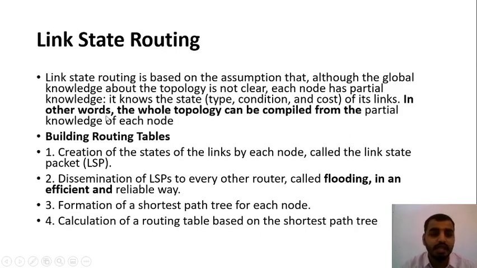What it says: creation of the link state of the links by each node, called the link state packet. Now what is the second point? Disseminate the LSPs, the link state packets, to every other router, called flooding, in an efficient and reliable way.